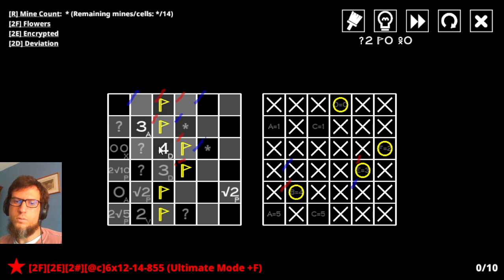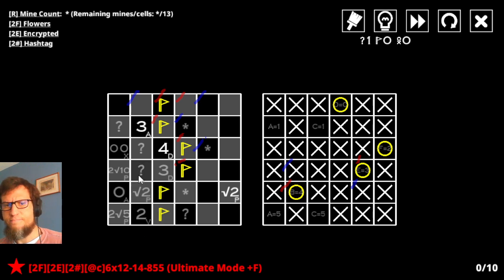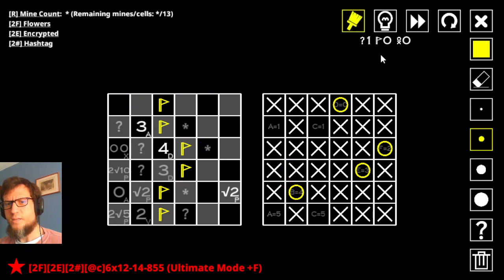Then what are the 2 safe squares? Oh, this can't be because of these 2. I didn't notice that. What? I messed up.